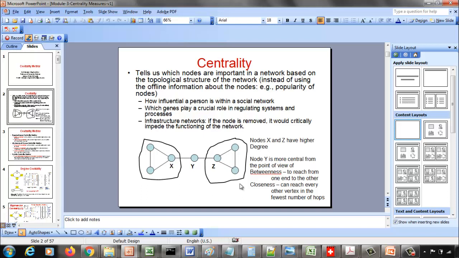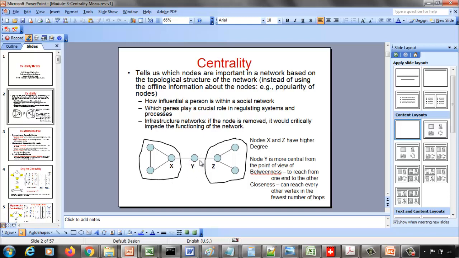Now, there is another important centrality metric called betweenness that we are going to look at in detail in this module. Betweenness, as the term itself indicates, is about how many pairs of vertices go through a particular vertex.